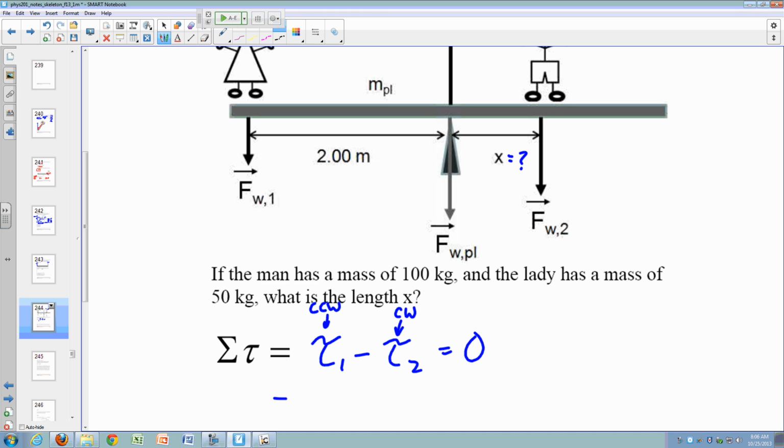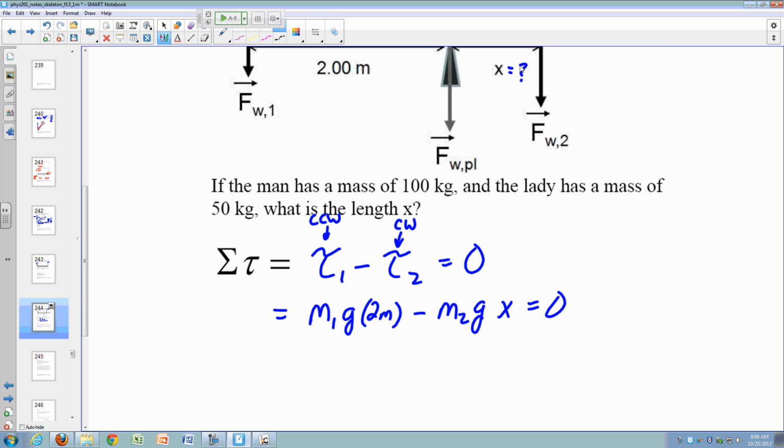And this is going to be FW1, or m1g, times 2 meters, minus m2g times x, and that has to equal 0. And then I solve now for x.